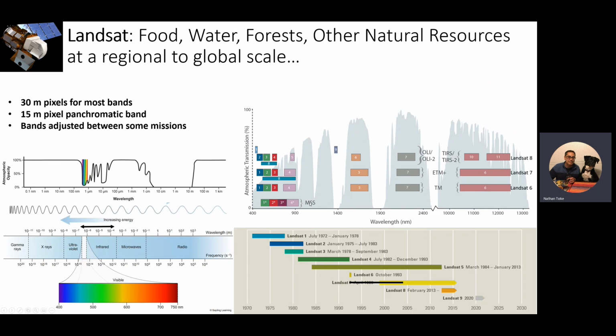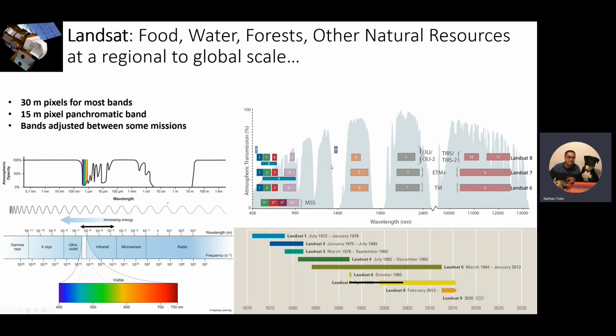And so MSS was the first Landsat mission, and there were several of those. And then in Landsat 6, it's TM, I believe stands for thermal and microwave. So we start to get these other bands that are outside of the visible to near infrared.